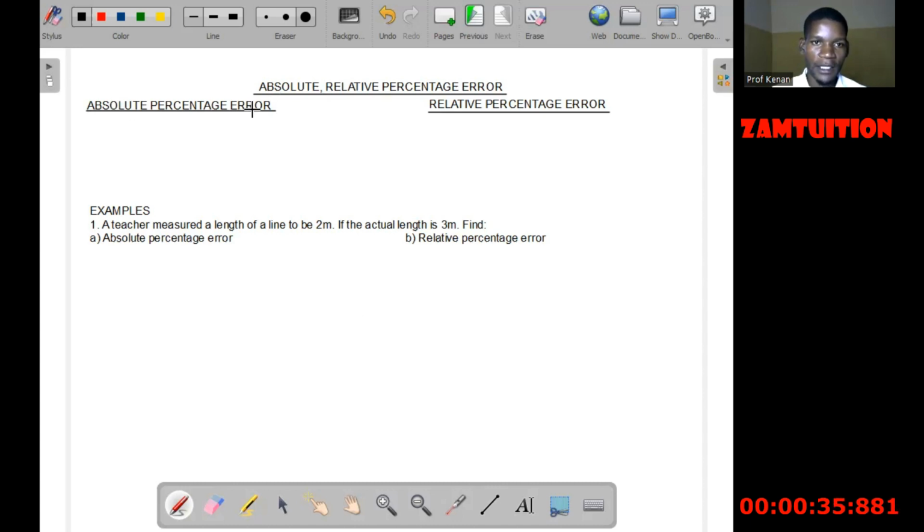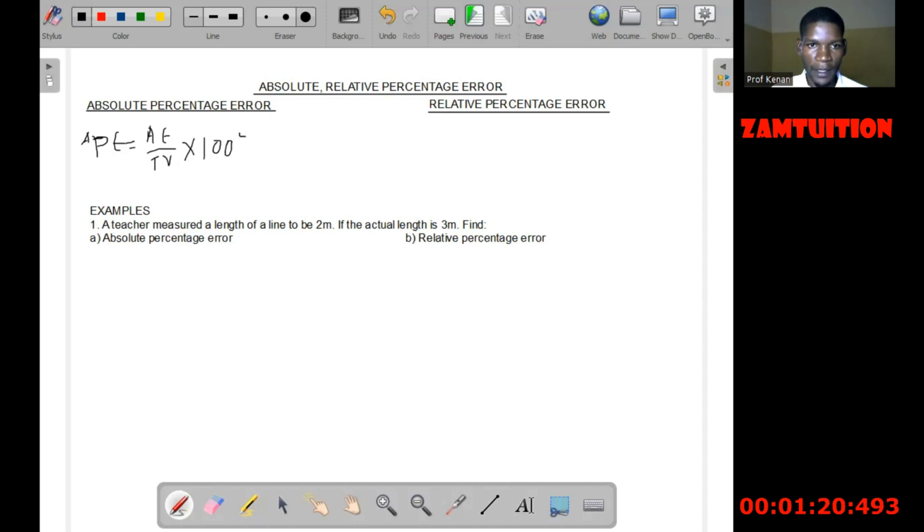For the absolute percentage error, there is a formula which is used, and also for the relative percentage error, there is a formula which is used. For the absolute percentage error, I'll use P for percentage error. It is equal to the absolute error, and then divide by the true value, and then multiply by 100%.